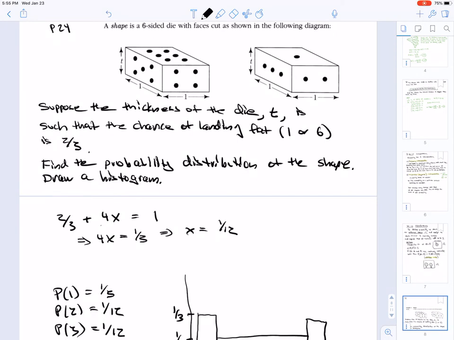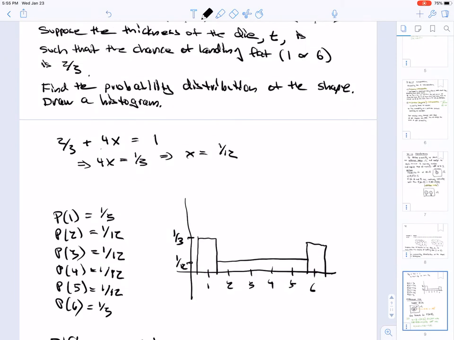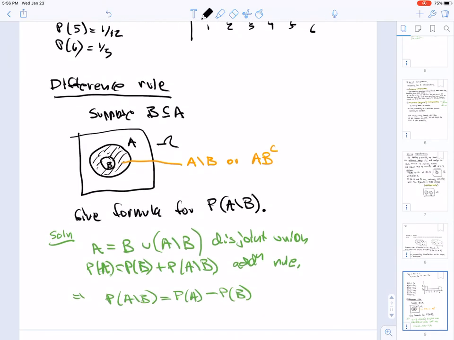We want to find the probability distribution of this shape, and we also want to make a histogram. We know that the probability of 1 and 6 are the same just from the geometry. So the probability for the other 4 sides are all going to be the same. We have to figure out what that is. We just write a simple algebraic equation and figure out that it's 1/12, and then we can make our histogram as shown.